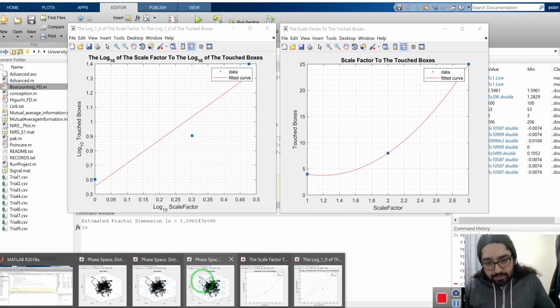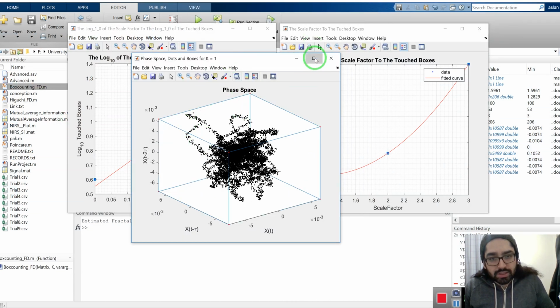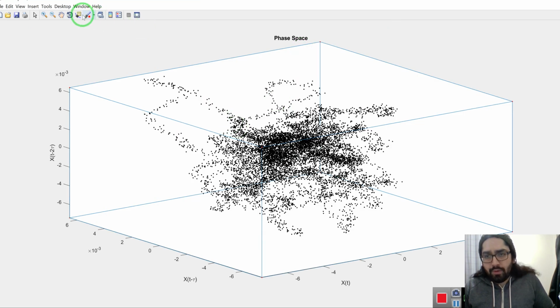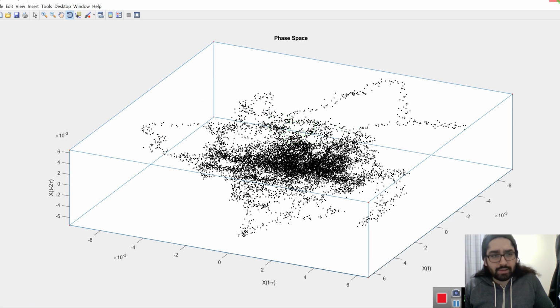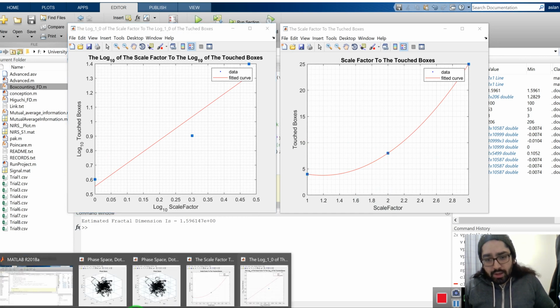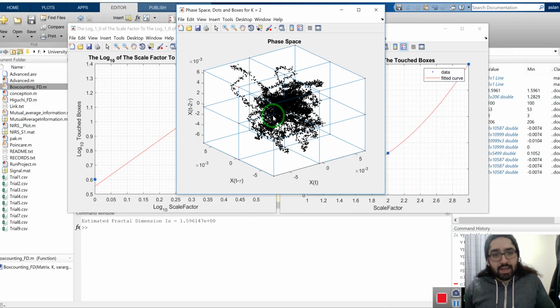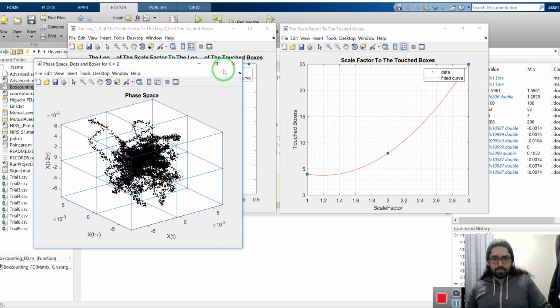As you can see here, for the first K we have one box, and it is touched. And for the second scale here, we have near 7 touched boxes. In the second scale, now we have 8 boxes, and 8 of them are touched.